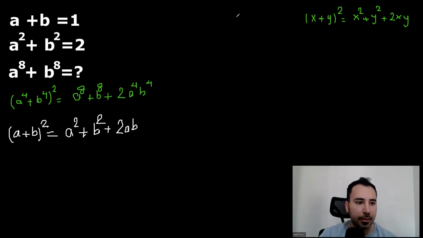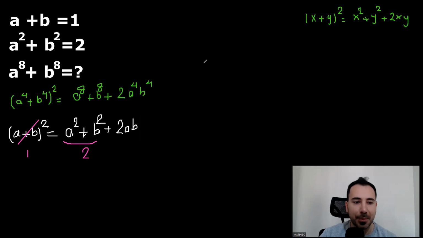You see here, this is a plus b, and the question has already given us a plus b. So this would be 1 squared. All of this will be 1. These two are the same as these two, so together, all of this is going to be 2.